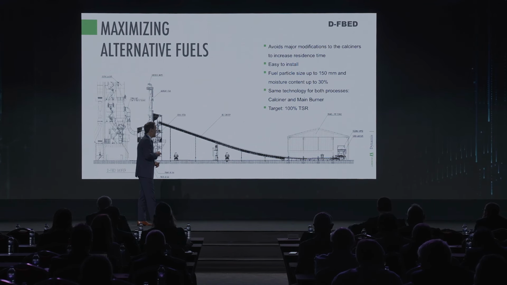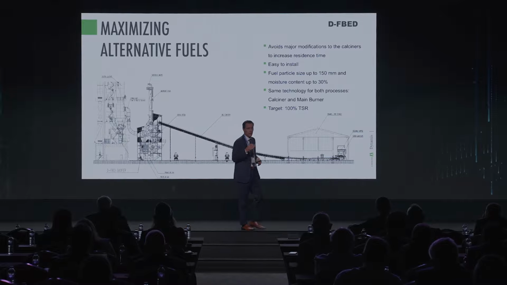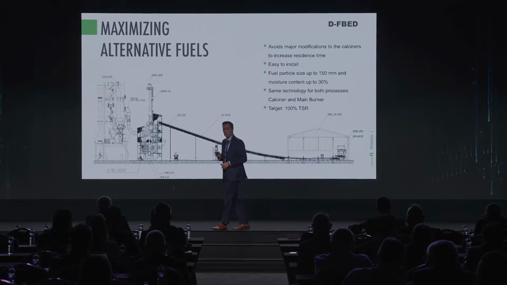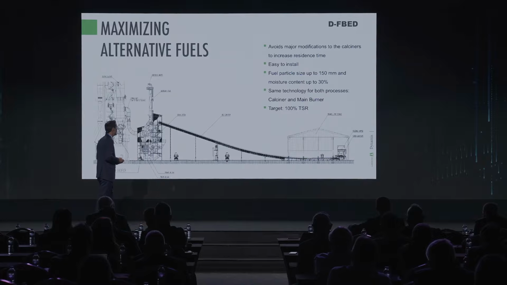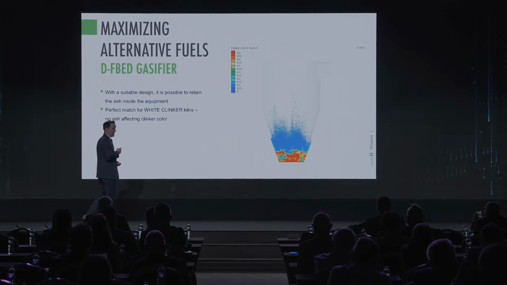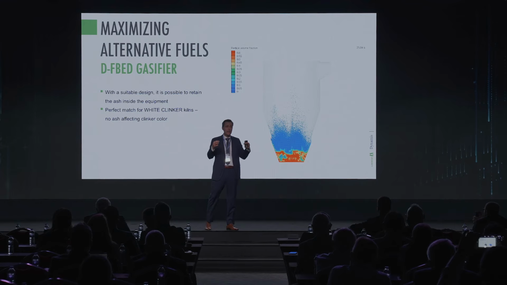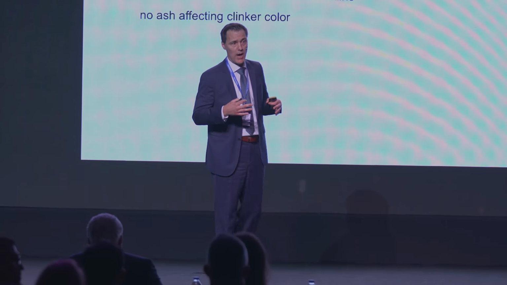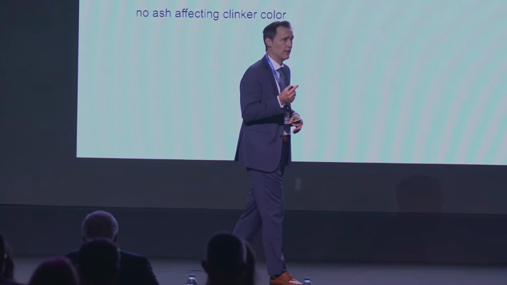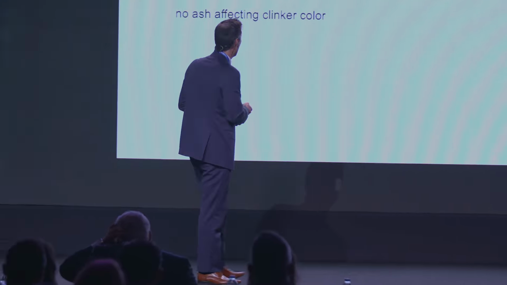We can use the same technology for both processes, calciner and main burner. So theoretically, we can achieve 100% thermal substitution rate in the pyro process. With a suitable design, it's possible to retain the ashes inside the equipment. This is the reason why we say that this equipment is a perfect match for white clinker cement.